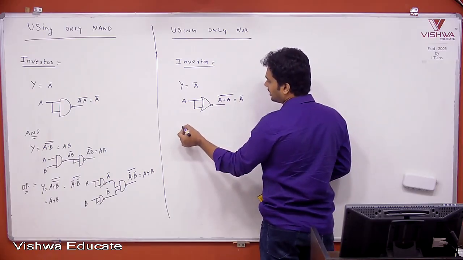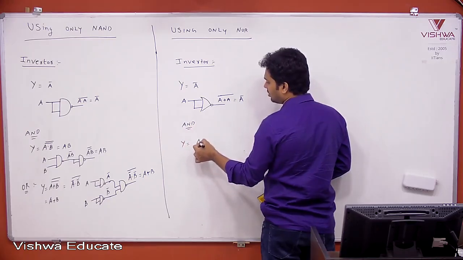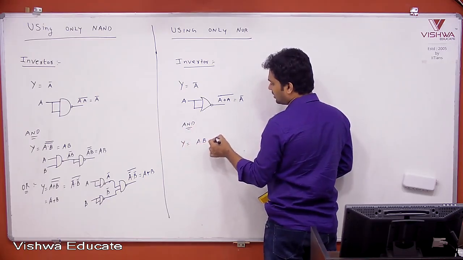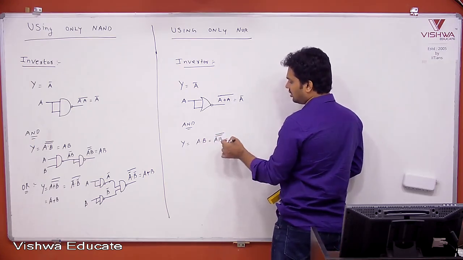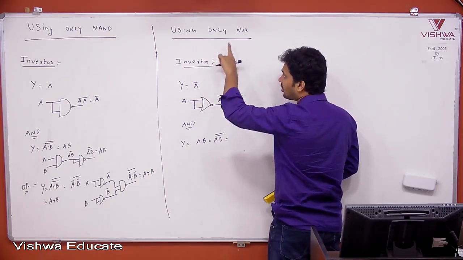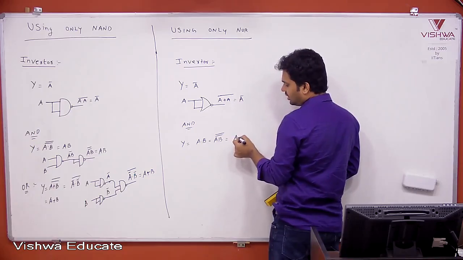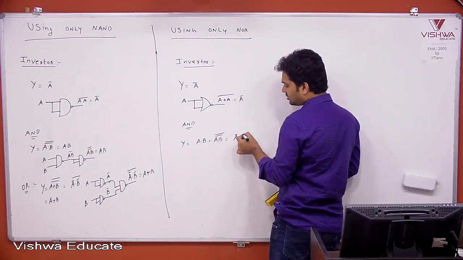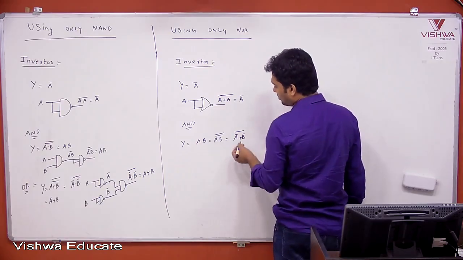Next, how to make AND gate. What is Y? AB is required. Take 2 bars. Then AB whole bar. Here I should see pluses because it is a NOR operation. So AB whole bar can be done by De Morgan's, A bar plus B bar whole bar. Now you can make it.